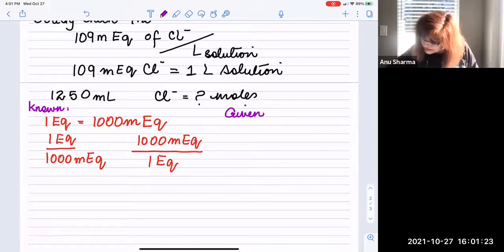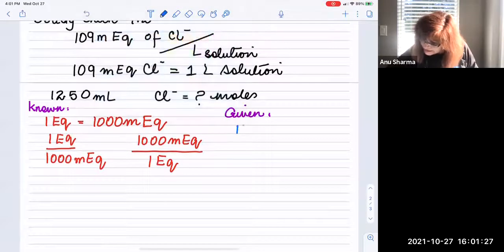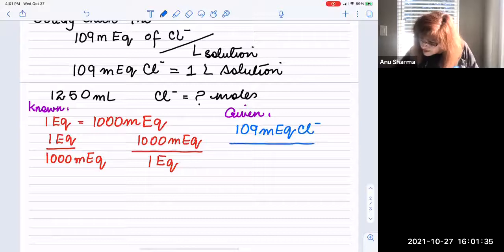Let's write this down also the same way, that you are given 109 milliequivalent of chloride ions over 1 liter of this solution.